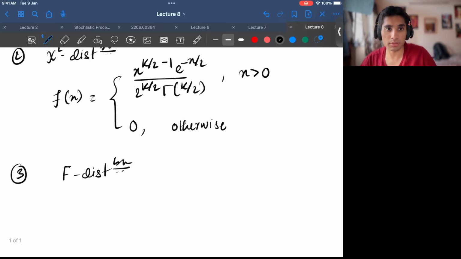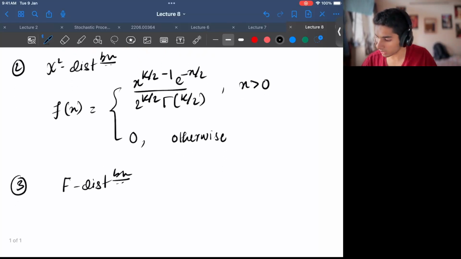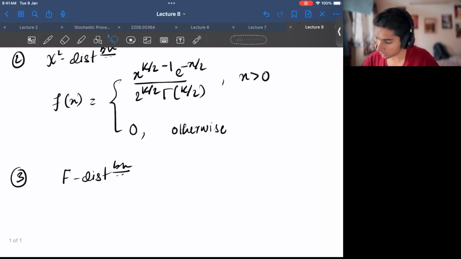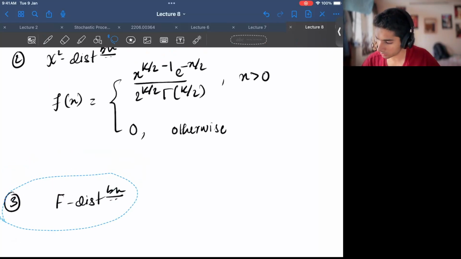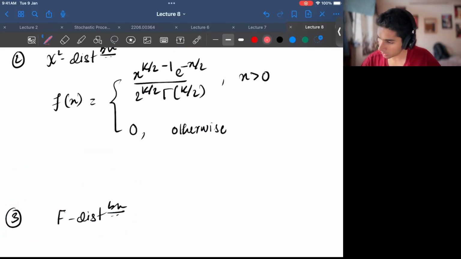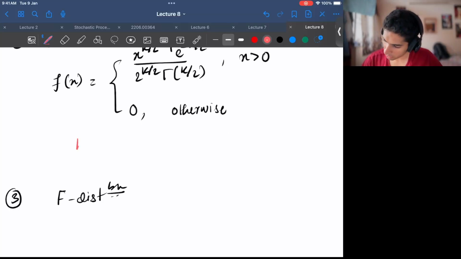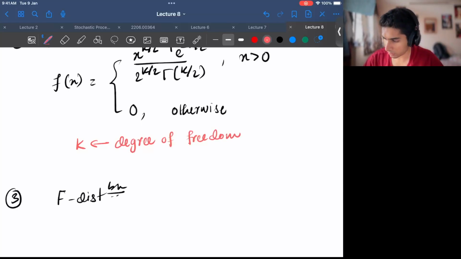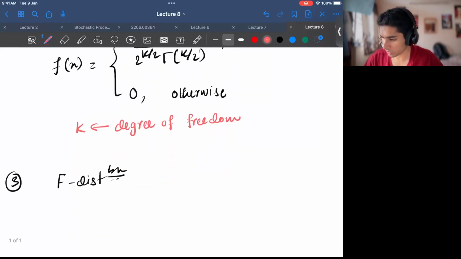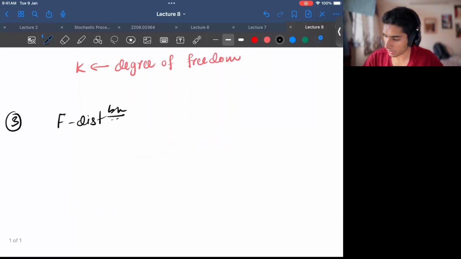By the way, here in the chi-square distribution, I forgot to mention that k is the degree of freedom.